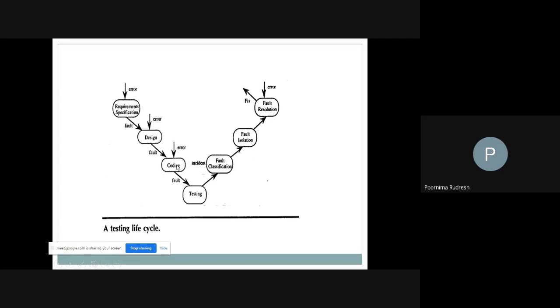Obviously when errors occur, that leads to a fault in the system. So the first three phases are where errors get put into the different stages of product development, and the central part of this testing life cycle is testing.